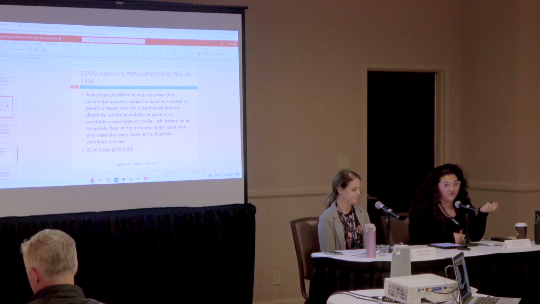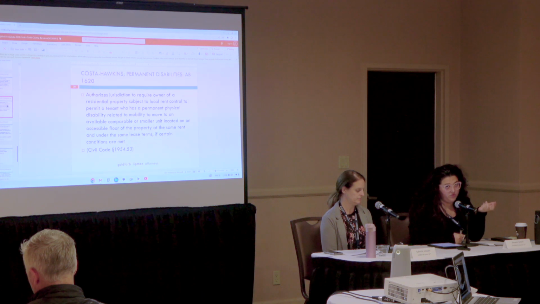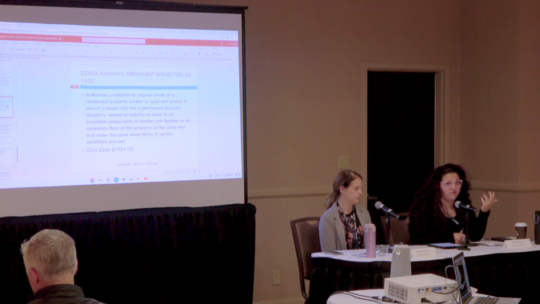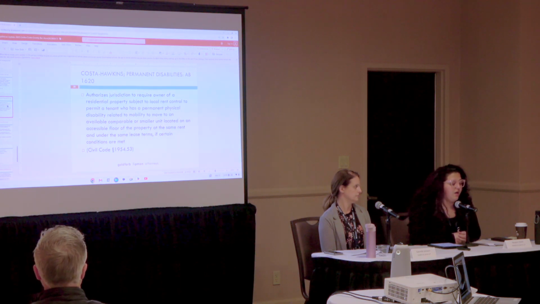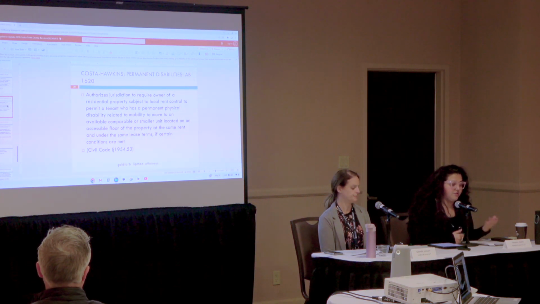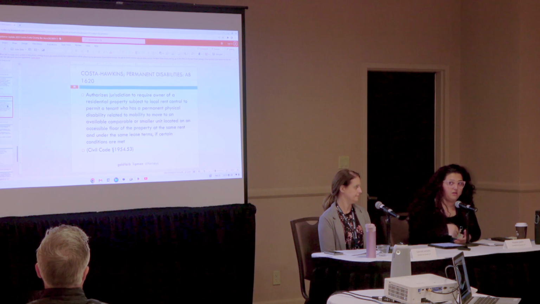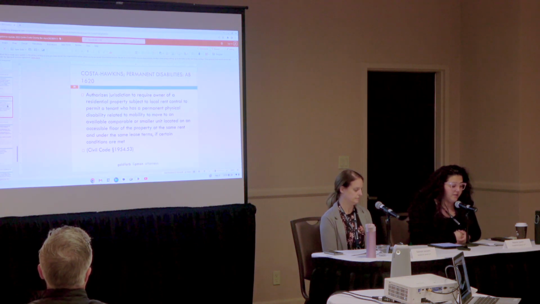You could not reset the rental amount for the new tenant. Costa-Hawkins altered that and said landlords have an unequivocal right to reset the rent when the unit turns over from one tenant to the next. So now in any rent controlled jurisdiction, if one tenant departs, the landlord can reset the rent for that unit to whatever they want, to the market rate for the next tenant.